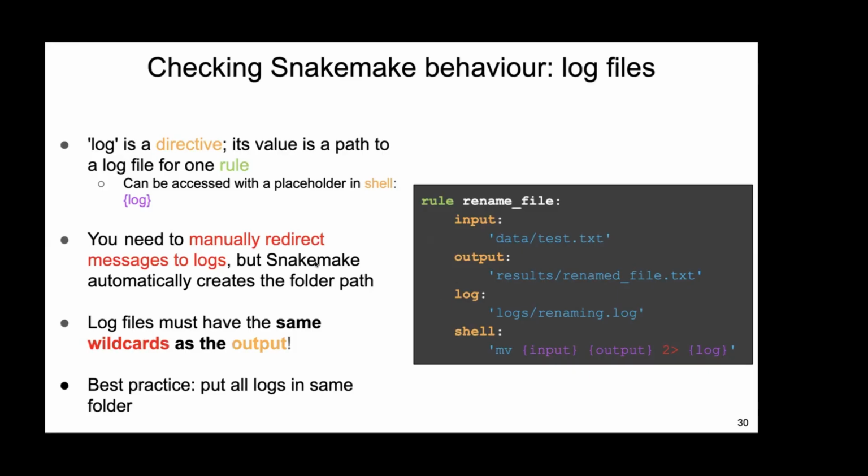Finally, one of the things that we want to recommend as best practice is to have a directory that is used for having all of the logs. And then in there, you follow a structure that makes sense so that you can easily parse the logs. If something went wrong, you can easily go to the file that's going to contain the error messages that allow you to understand what went wrong during your workflow.